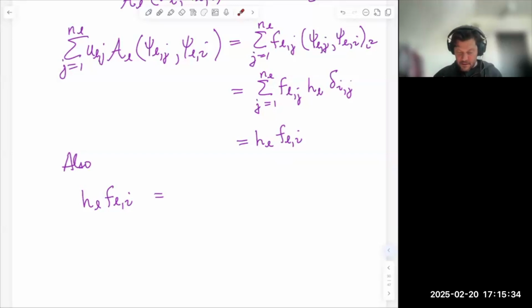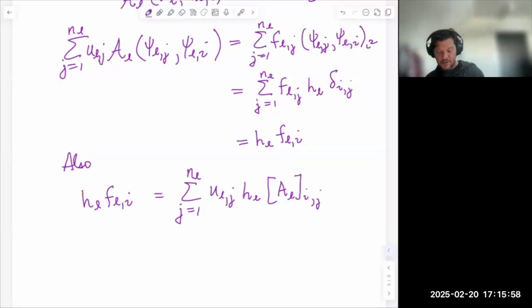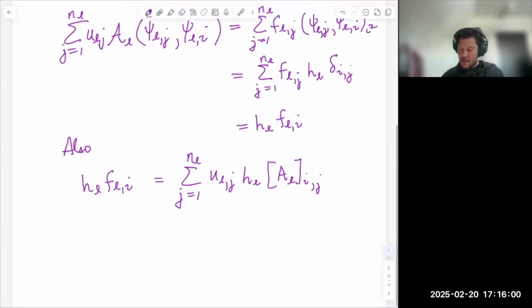So that gives us the sum J equals 1 to NL of ULJ times the IJ or JI entry, it doesn't matter because it's a symmetric matrix, of AL times HL.